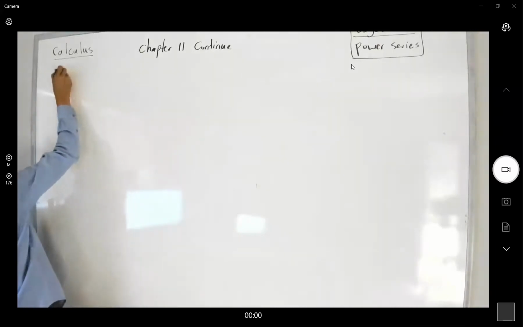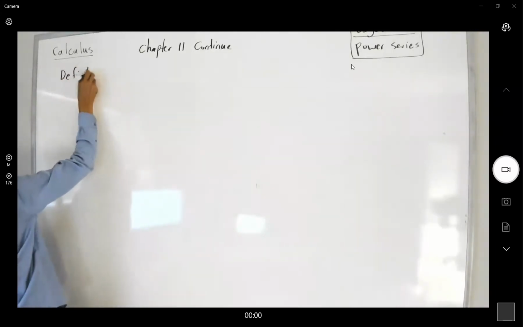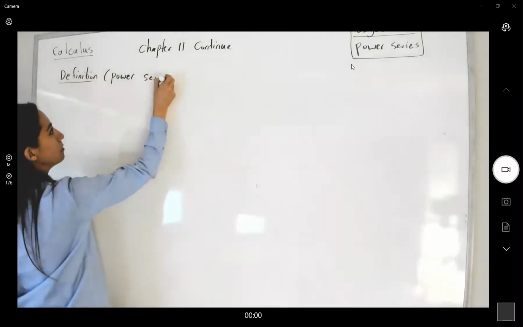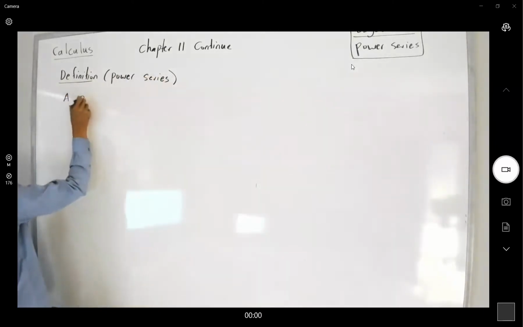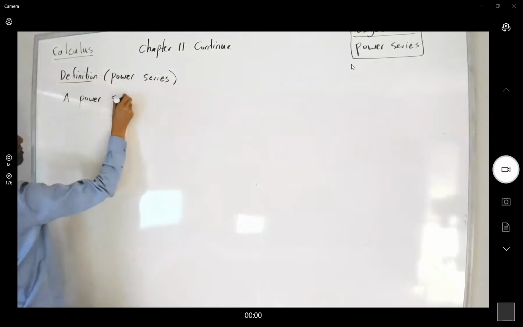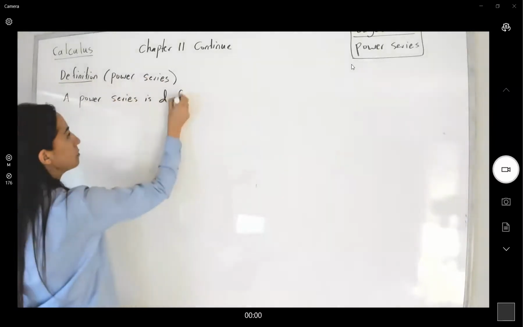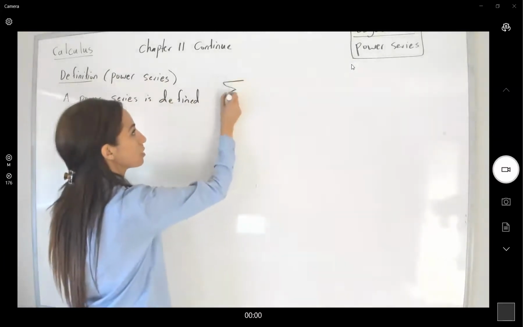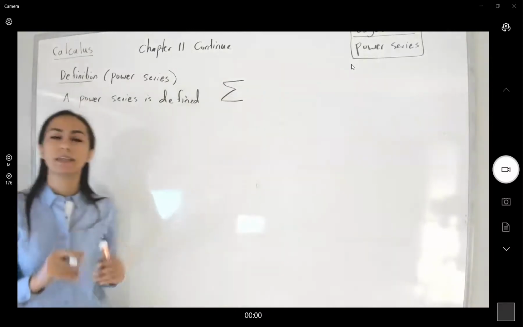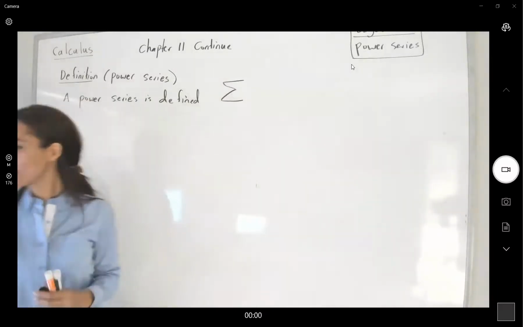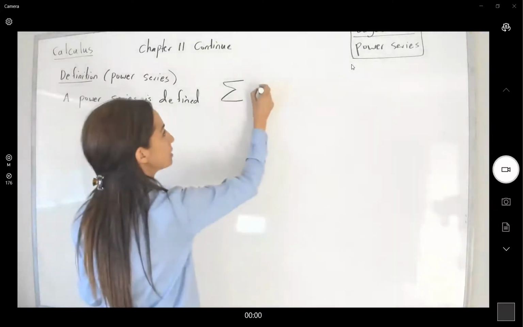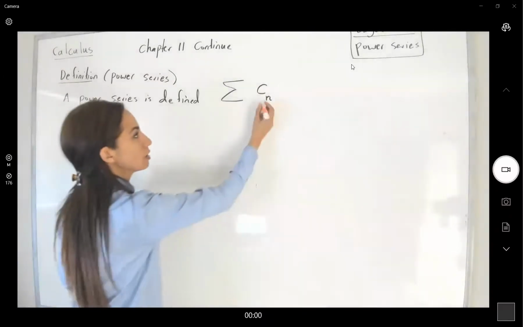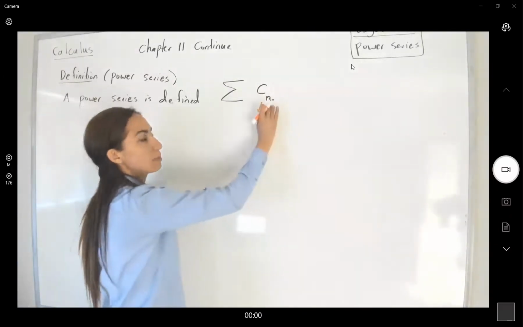A power series is defined this way. First of all, it's a series, so we're going to use the summation notation. Then it has some coefficients denoted by c sub n. These c sub n's are coefficients depending on n.